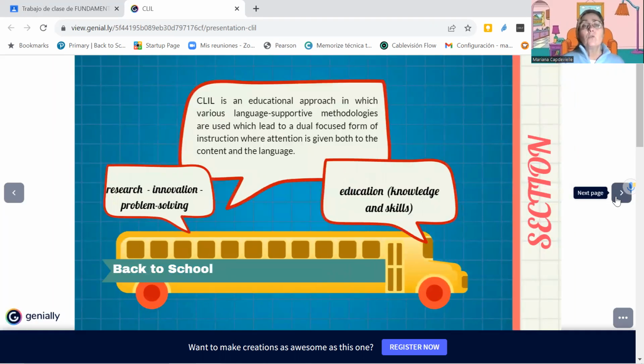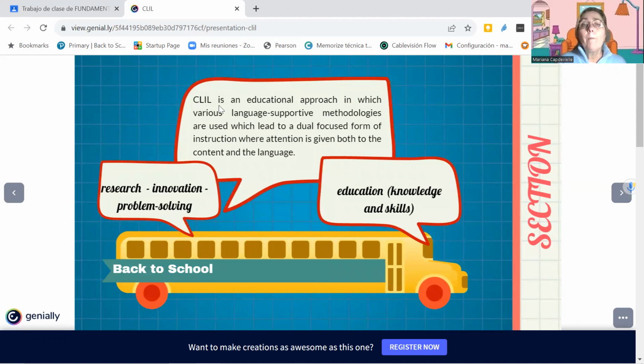C.L.I.L. is an educational approach in which various language supportive methodologies are used, which lead to a dual focused form of instruction where attention is given both to the content and the language. So, dual focused.